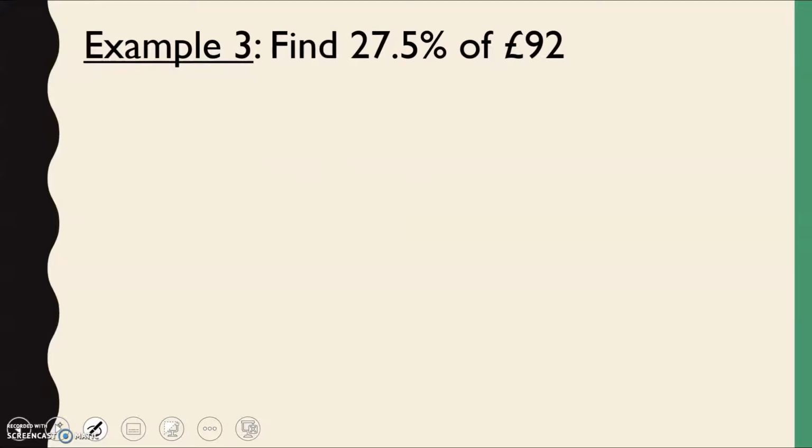This time we've got 27.5% of 92, and this is exactly the same steps. So we start with the £92. We are timesing by that percentage, so that's 27.5, and divide by 100.